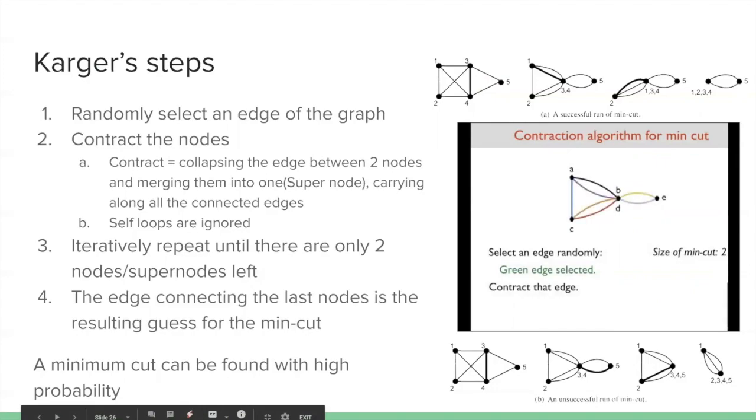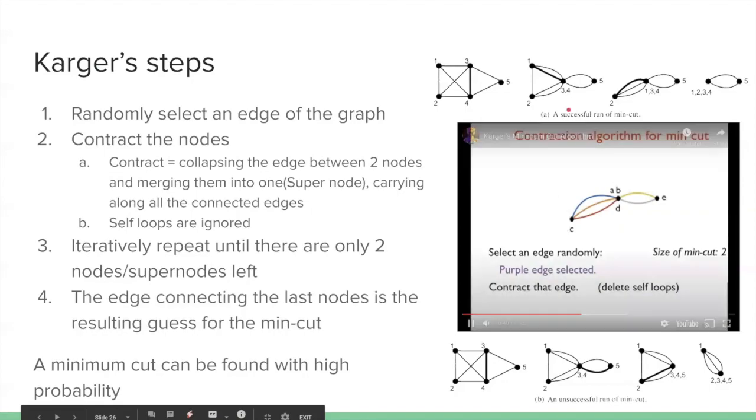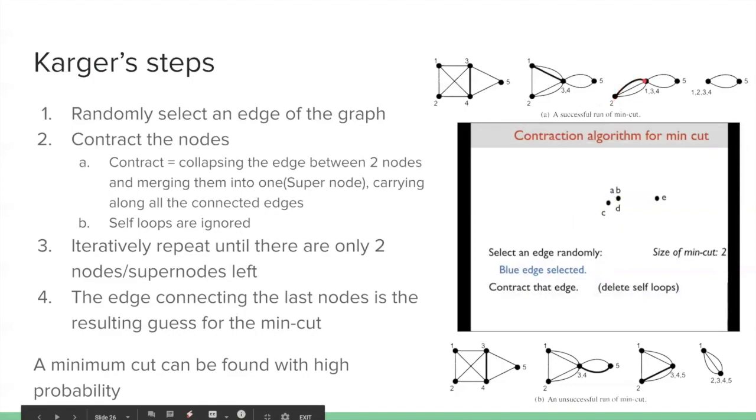And then we would search again, going through the whole random process, and we get the edge between letters A and D, the purple edge, that correlates to our 1 and 3, 4. We merge those 2 nodes together, and then we get the one supernode that we had up here. So then we go again and we get this edge again here, merge that, and now we're here.